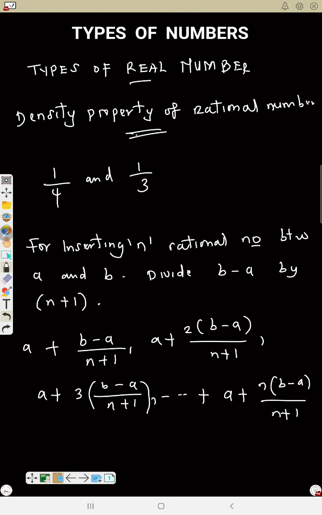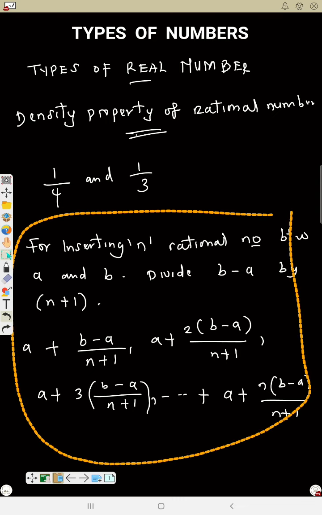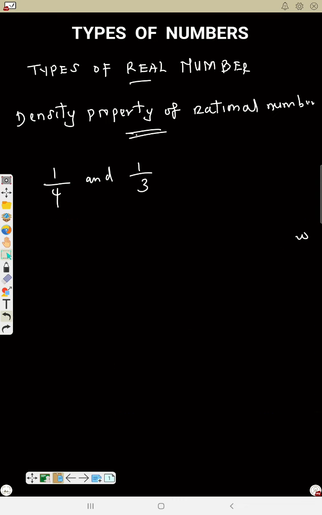So this is like a generalized formula. But just note it because of time. So note that generalized formula.